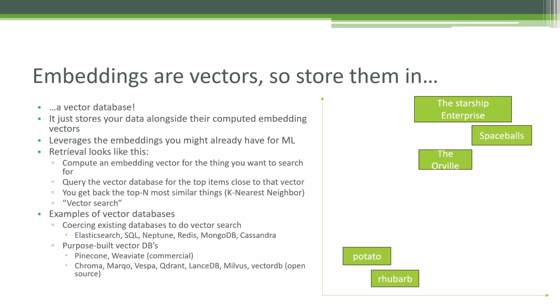On the commercial web service side, we have things like Pinecone and Weaviate. And if you go search for examples of using RAG online, most of them use those services. I kind of think they might be getting a kickback from them. There's also open source solutions as well, though, like Chroma, Marqo, Vespa, Qdrant, LanceDB, Milvus, and more recently VectorDB. That's a very simple little Python module that we're going to use in our example shortly.